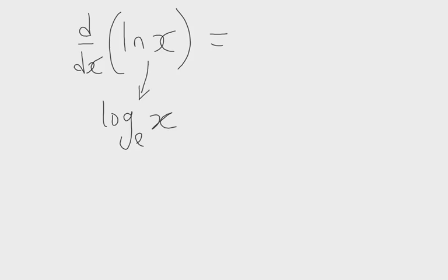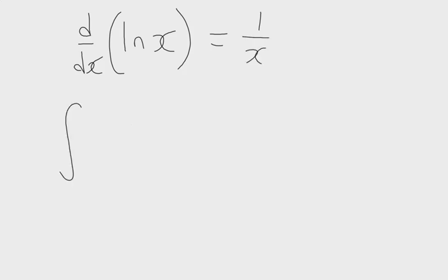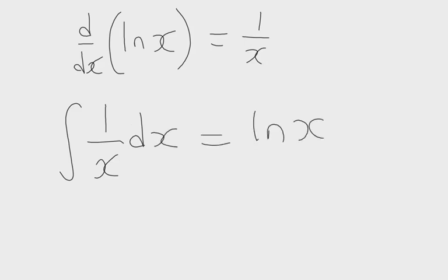Okay? The same thing. So when you differentiate it, you're going to get 1 over x. That means when you integrate 1 over x dx, you're going to get ln x. Okay? So just take note of that.